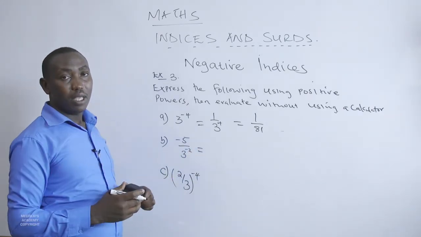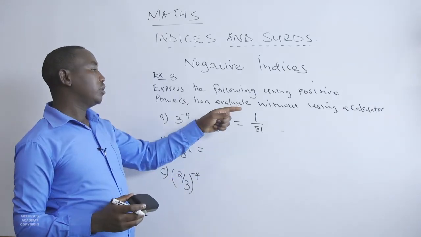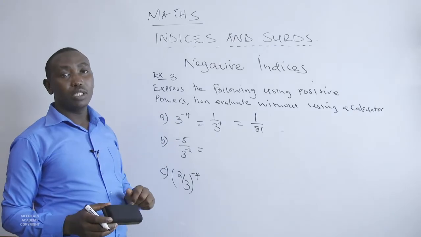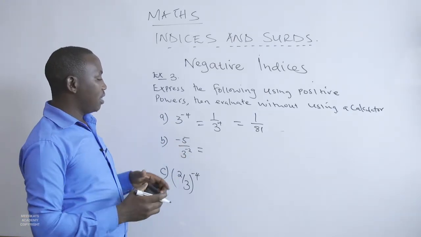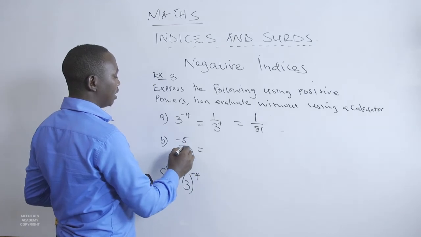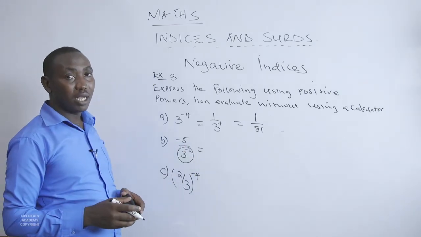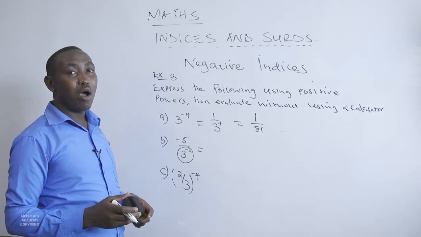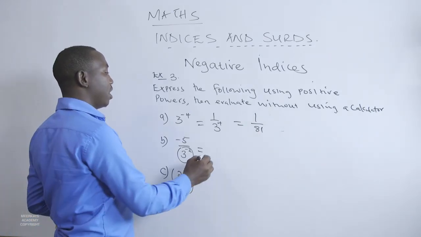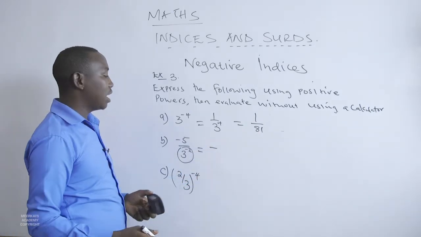Part B, recall we need to rewrite this again as a positive power, but the negative power is in the denominator. So when you bring this back to the numerator, then the power will change to be positive. The negative does not affect anything and it remains.